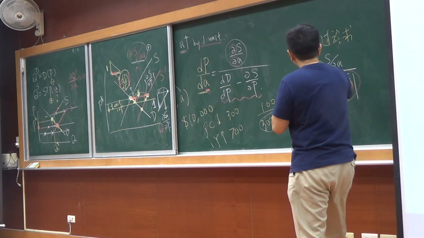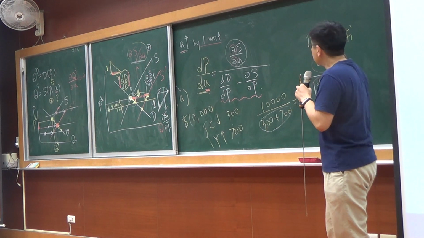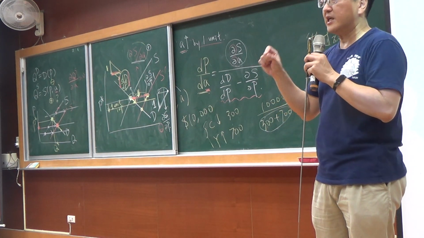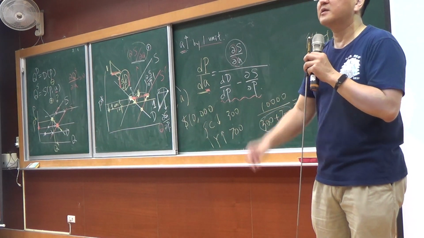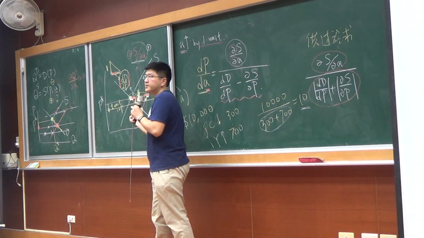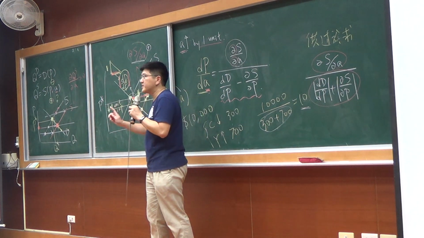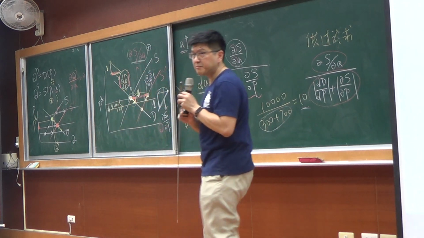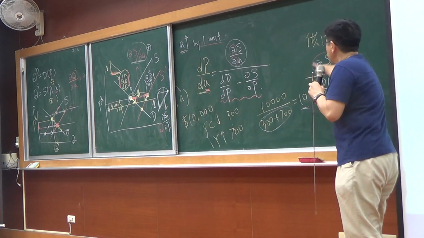And this is the gap. So how many units of change in P can make the gap disappear, can erase it perfectly? How many units in P? This many units in P, right?